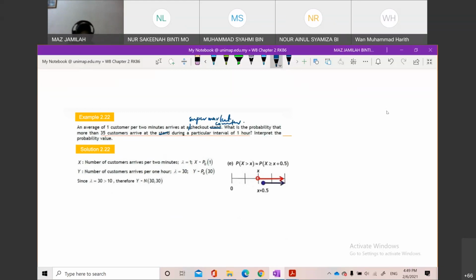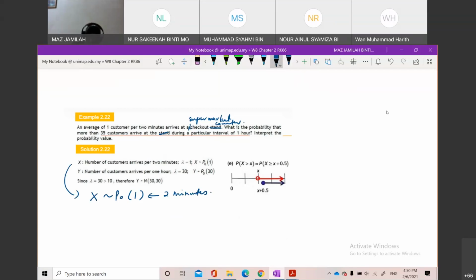Interpret the probability value. In your textbook, they use two different variables, but in my case I use only the same x with different intervals. So X is the number of customers arriving in 2 minutes. So X follows Poisson with mean 1 for 2 minutes.